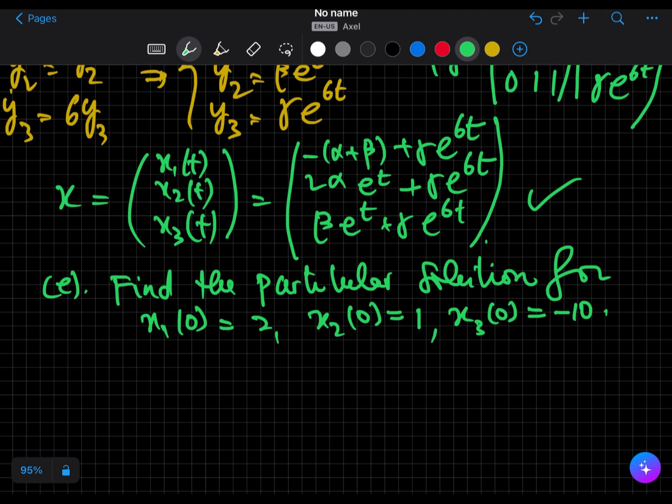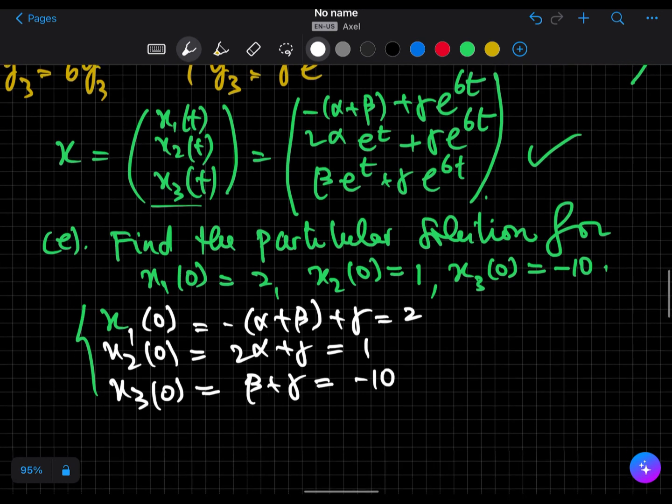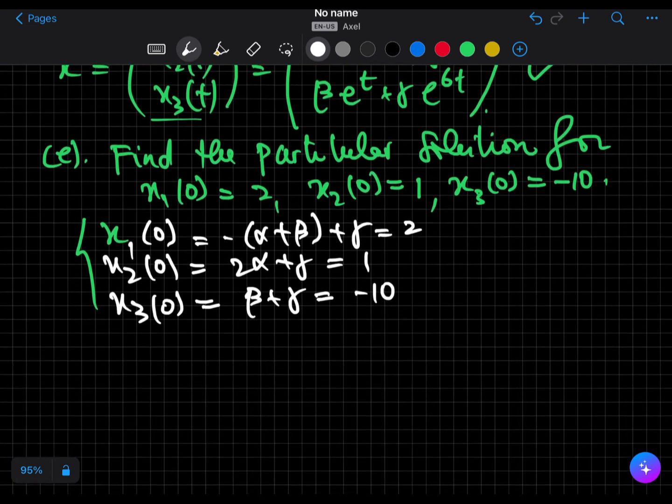If we do it directly from here, we have x1(0) is minus alpha plus beta plus gamma equals 2. Then x2(0) equals 2 alpha plus gamma equals 1. Then x3(0) equals beta plus gamma equals minus 10.